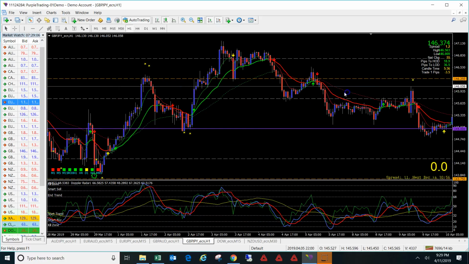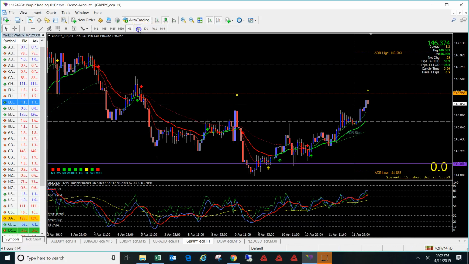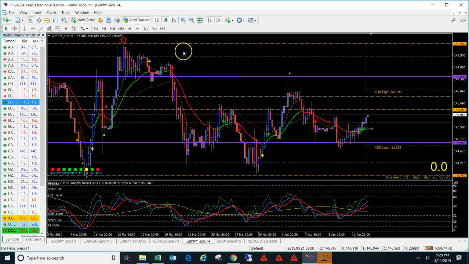Like right here, this is on the H4. They're all squeezed in there together, so GJ will probably do a nice breakout.